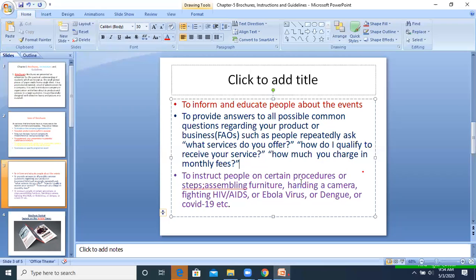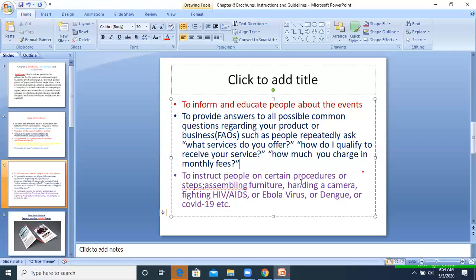Procedure means step or system. What step comes after? What step must be done before? This type of system is called procedures. Assembling furniture: if you would like to give instructions to somebody else in the company, in your school, college, or at home, you can include the instructions in the brochure too.